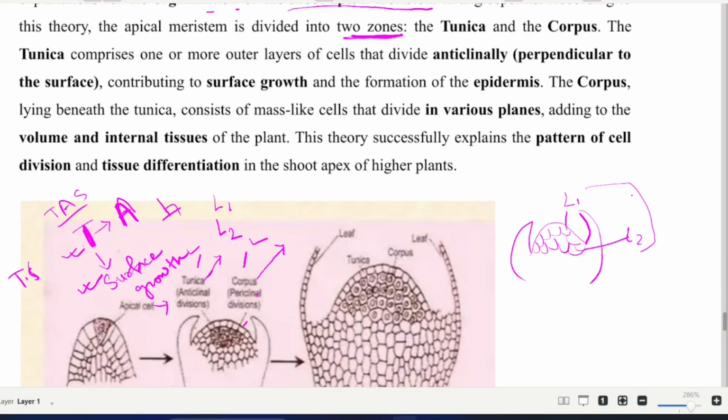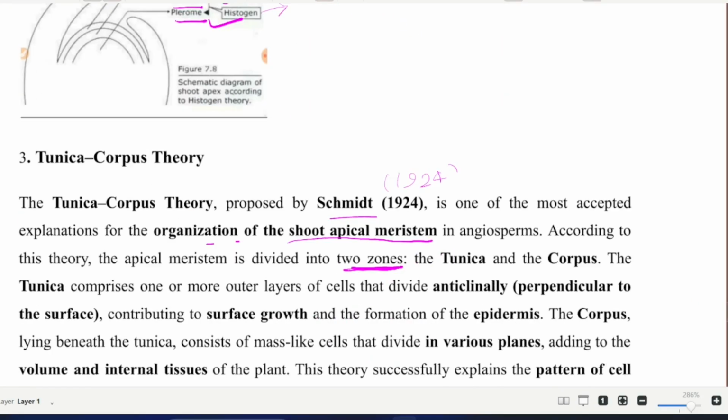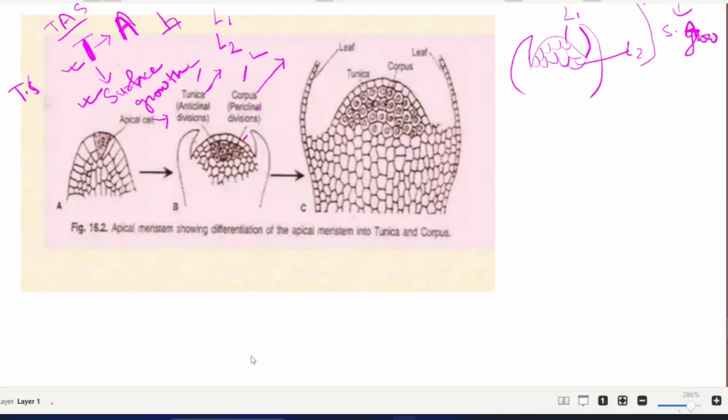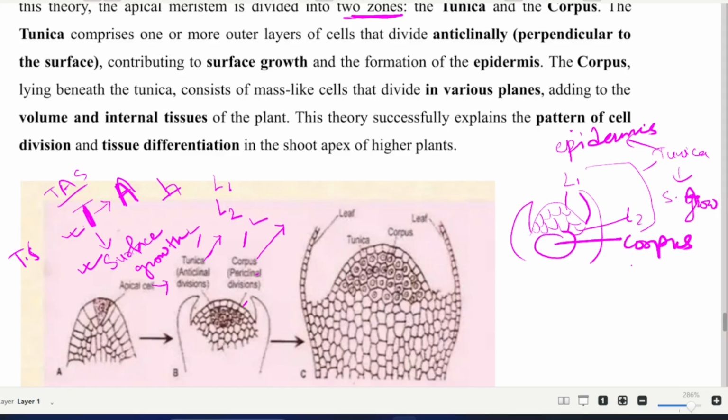This is the tunica, and it is for the surface growth, or contributing to the surface growth, and for the formation of the epidermis.